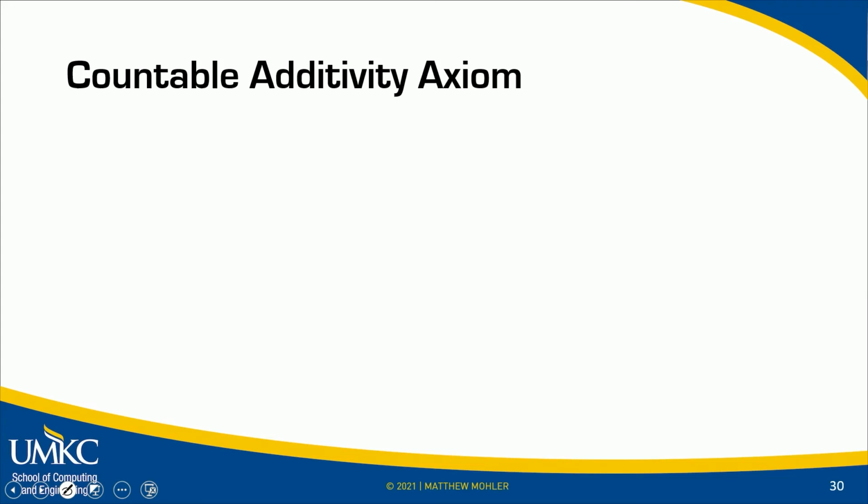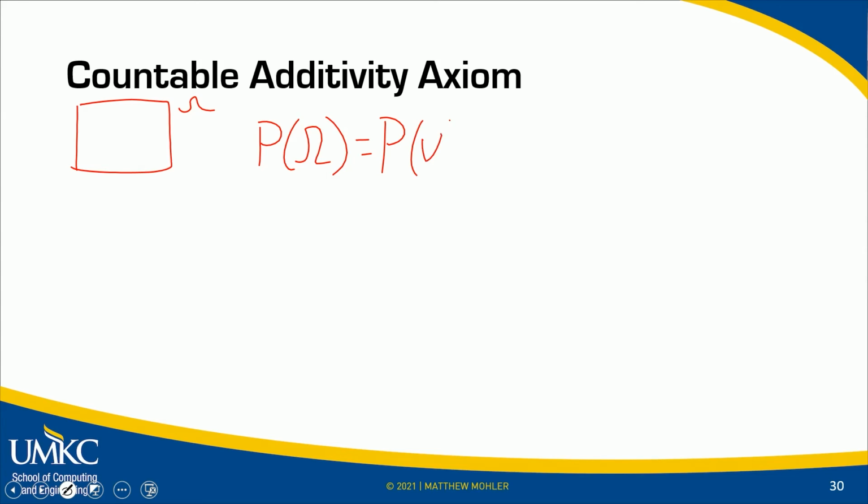Let's jump over to a continuous example where we say we have a sample space omega that is comprised of XY pairs. And we can say from the rules that we've established already that the probability of that sample space, or the probability of omega, is really just equal to the probability of the union of all X and Y pairs.